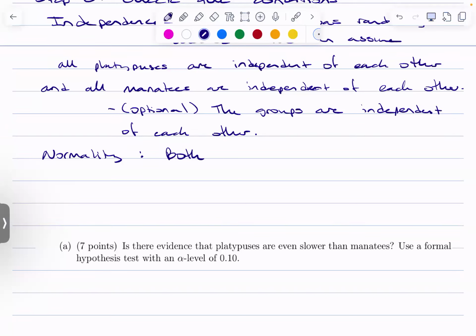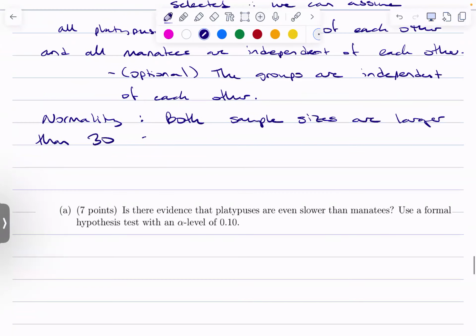Both sample sizes are larger than 30, so we may assume normality. Therefore, the conditions for inference are satisfied.